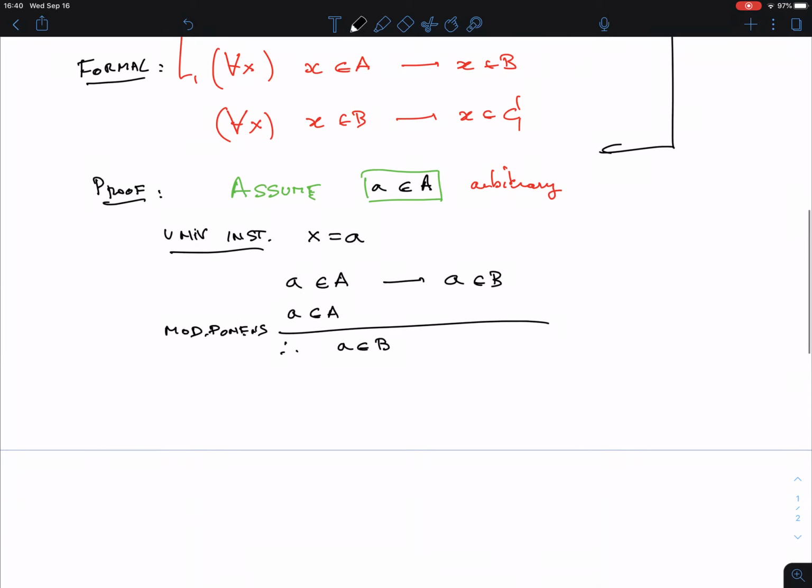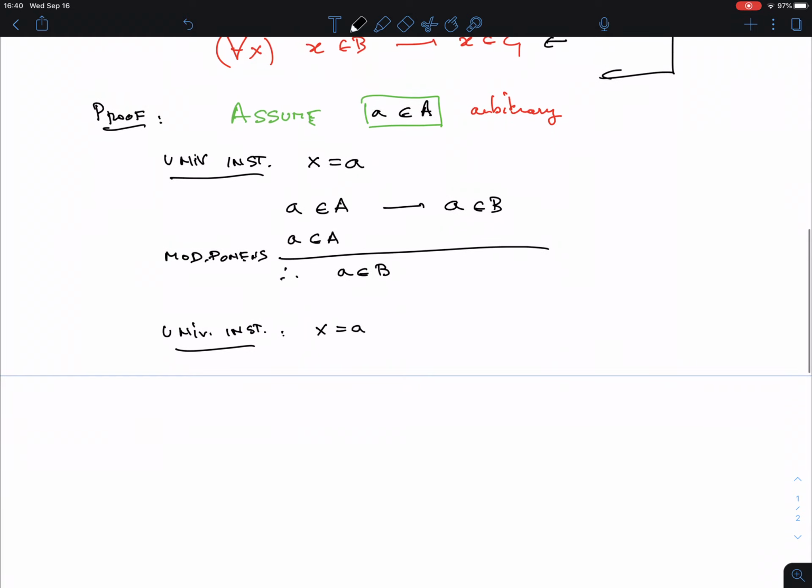What do I do now with the next one? I'm going to do another universal instantiation. Again, I'm going to take x to be a. And so the statement becomes, if a is in capital B, then a is in capital C. You see how we got around this problem that in the previous one I had a B there instead of an a.